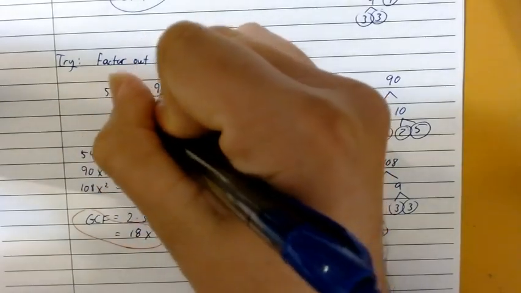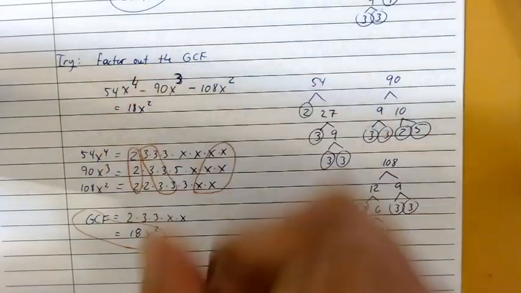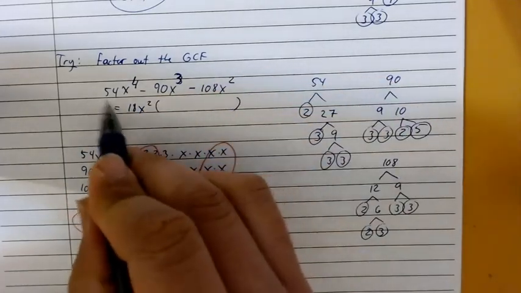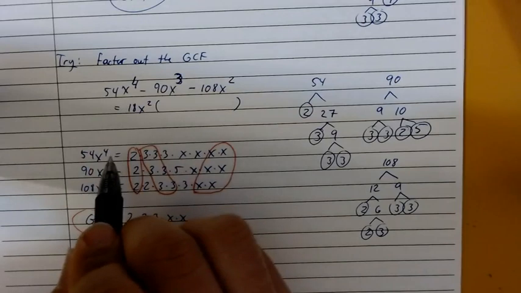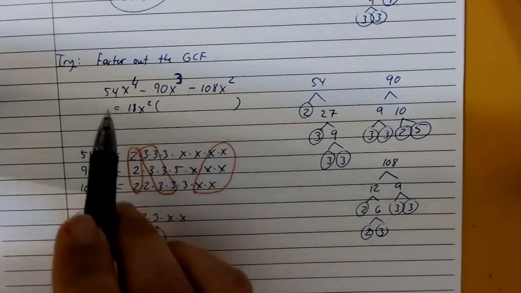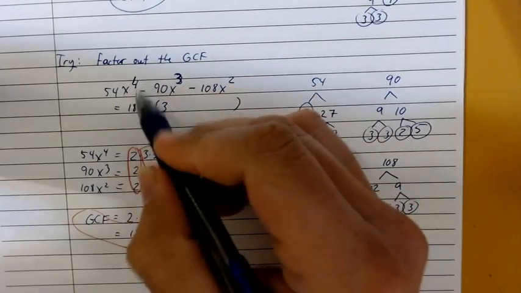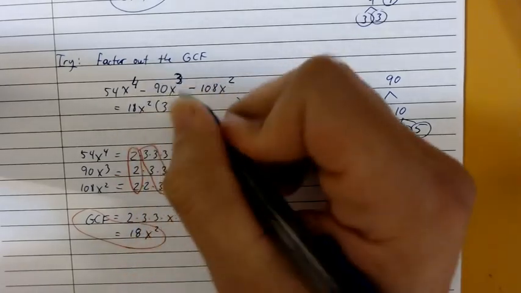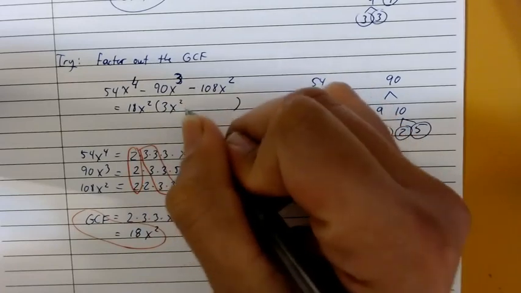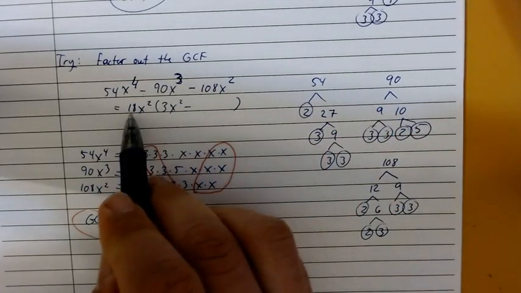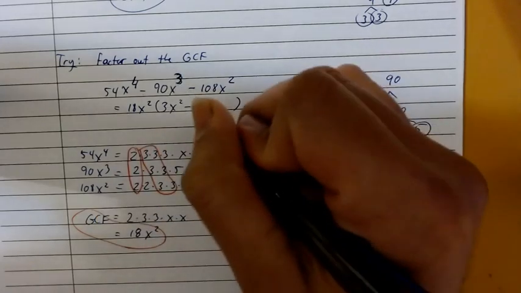This is equal to 18x squared. And now the remaining factor is whatever's left once I divide out by 18x squared. If I take 54 and divide by 18, I'm left with 3. X to the 4 divided by x to the 2nd is x to the 2nd. Minus, I've got 90 divided by 18, that's the number 5.